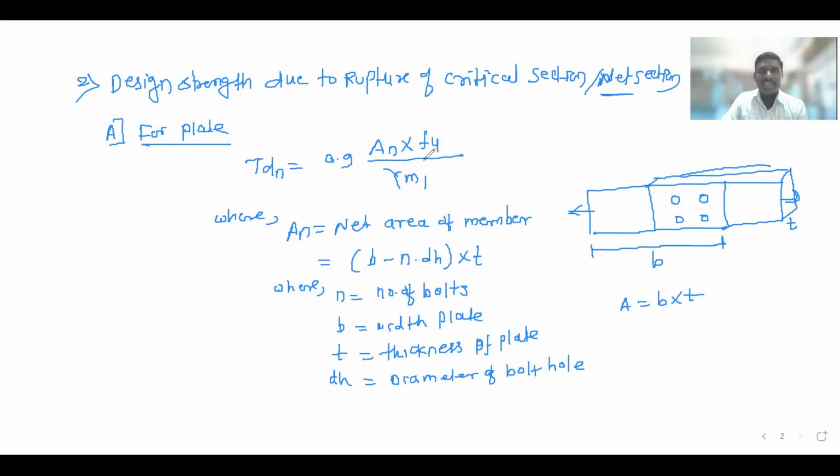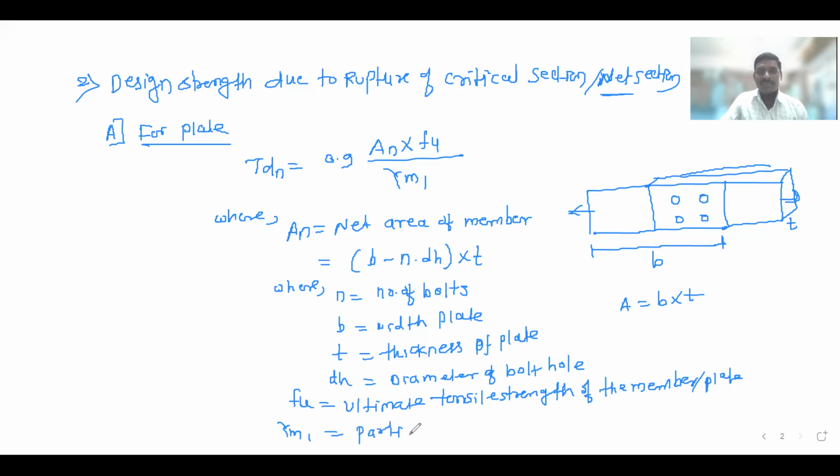Okay. Then what is again unknown? f_u. f_u is the ultimate tensile strength of the member or plate here. And gamma_m1 is the partial safety factor.